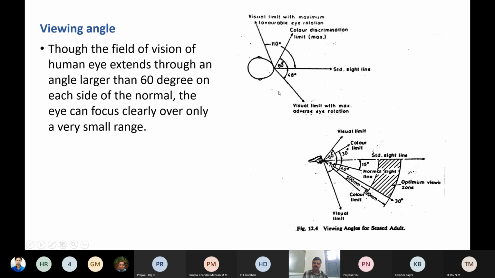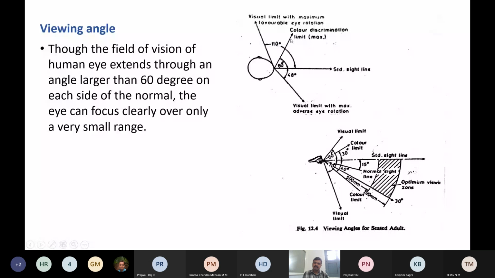That is the general perception. The eye can focus clearly over only a very small range. Okay, 60 degree is visible to us, but we cannot concentrate on whatever we are seeing. At a time we can view only a small amount of details or a small amount of area.